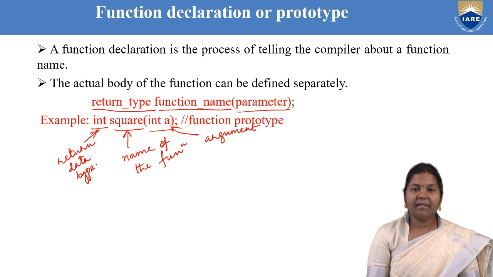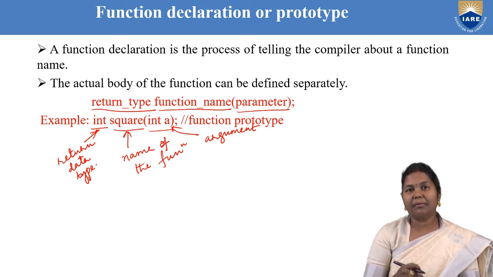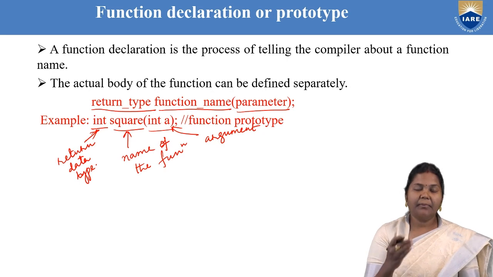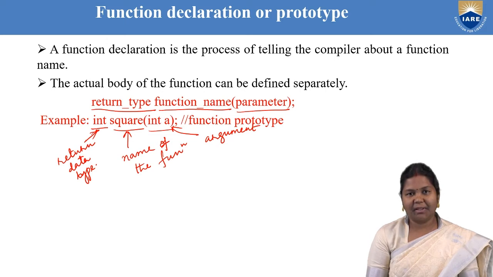Now in the C language, a program is a collection of functions, but the user-defined functions can be placed before the main function or after the main function. If n number of functions are there in a program, the program execution always starts with the main function, and the other functions are called from main and executed.